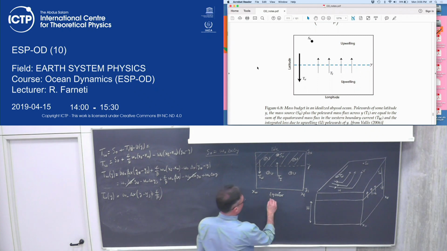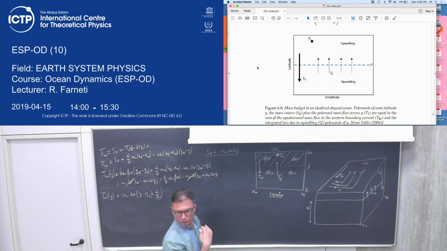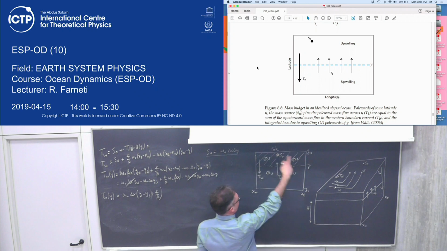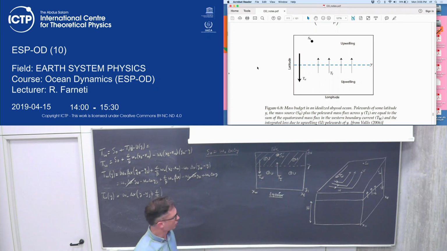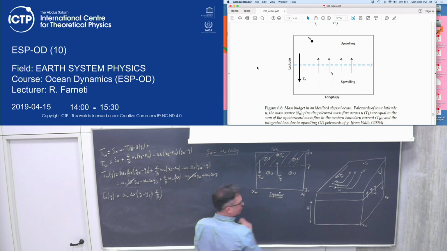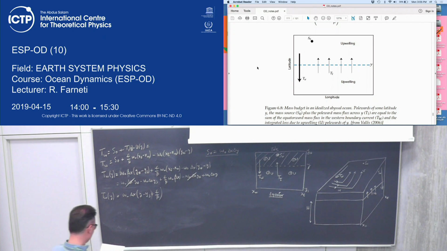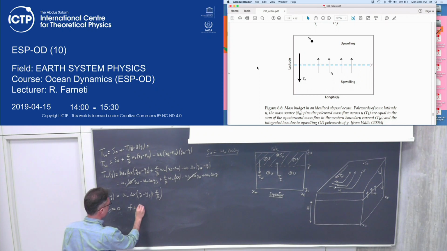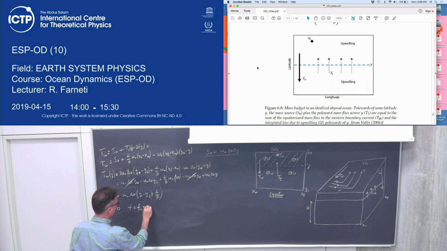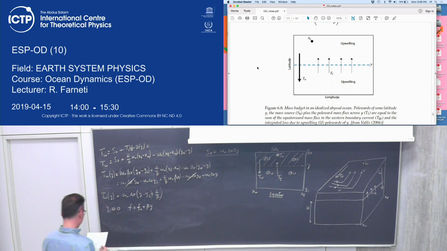Now we said that this is our equator, so it's a one hemisphere simple rectangular ocean, so y south is at the equator. So we set y south to 0, and we're going to use the beta plane, so f is f naught plus beta y.